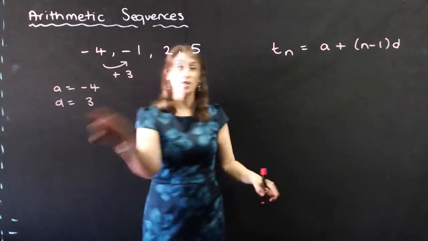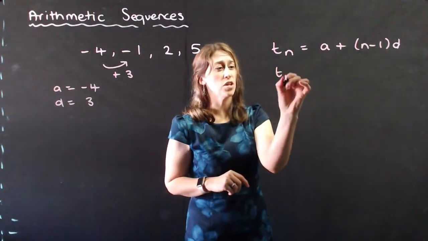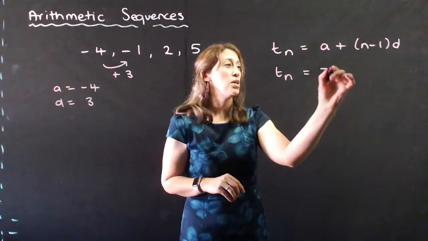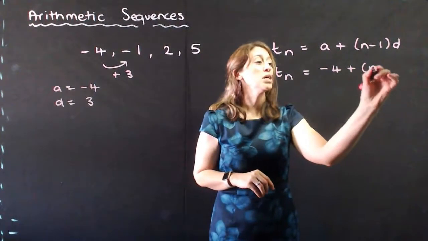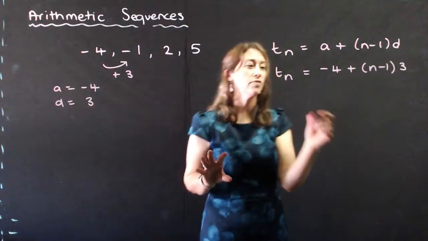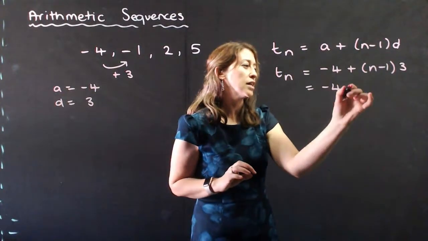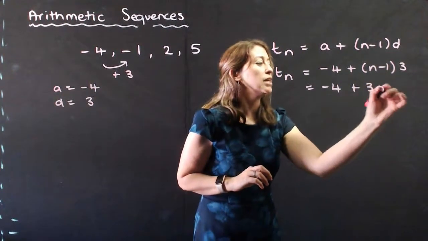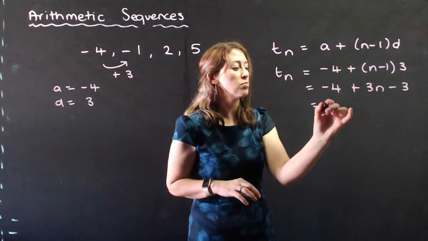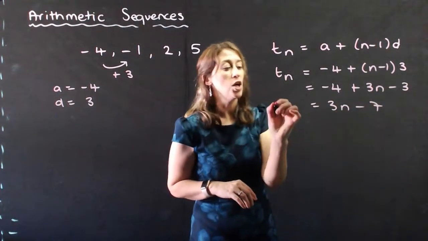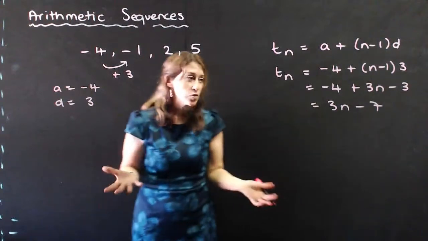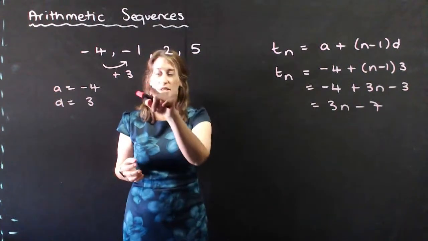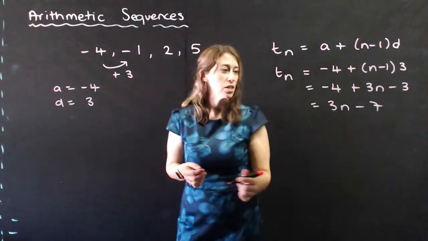Let's apply that to this rule. The nth term for this sequence is minus 4 plus (n minus 1) multiplied by 3. Now if I expand this, I get 3n minus 3. Simplify it, gives me 3n minus 7, which was the nth term that we got last time. So the nth term for this sequence is 3n minus 7.